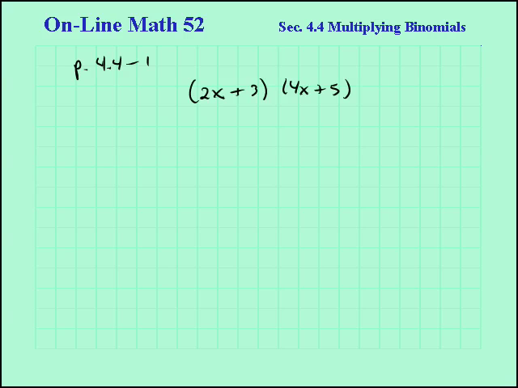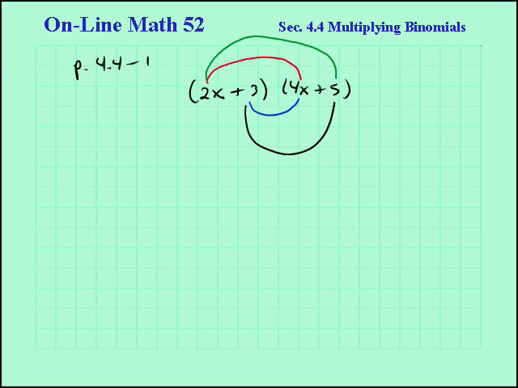And as I suggested, we'll get 4 products. 2x times 4x. And then 2x times 5. 3 times 4x. And then 3 times 5.